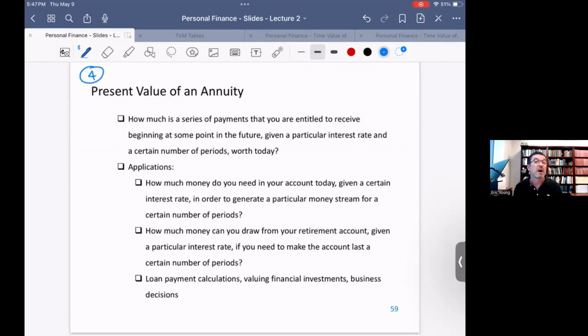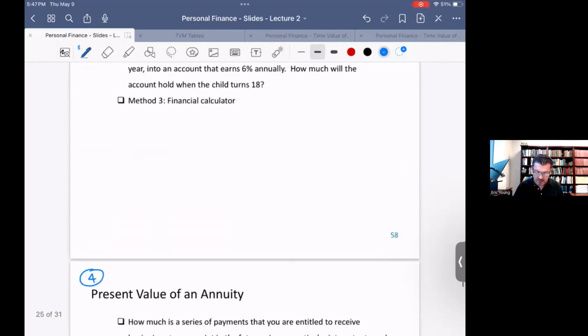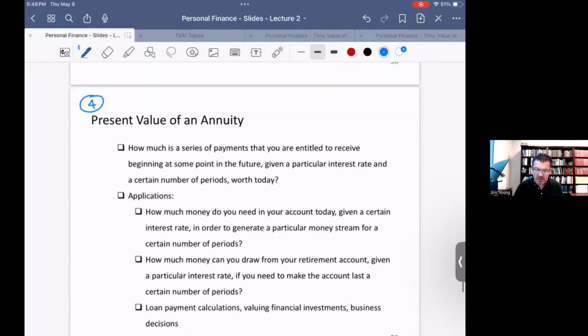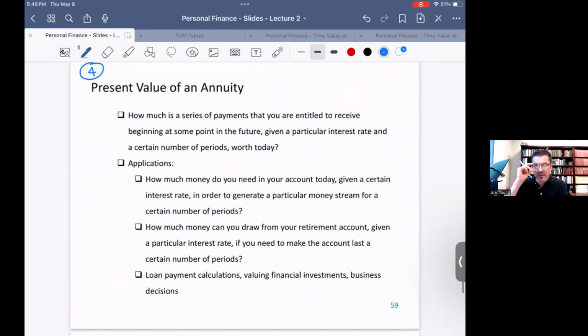The last one is the most powerful one. The present value of an annuity. So we got the future value, now the present value of the annuity. This is asking, here's the context of this. Suppose that you're entitled to receive a stream of payments in the future. Think about that.